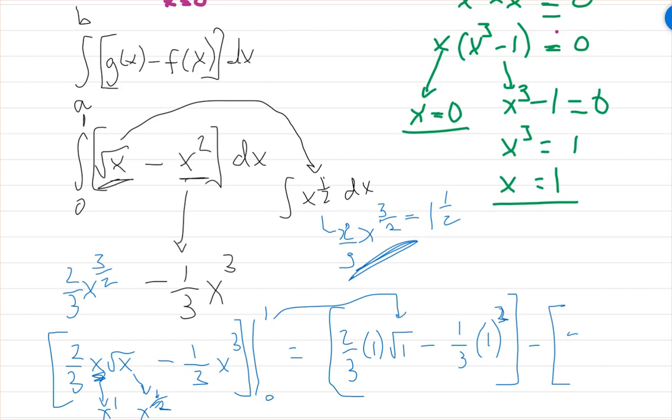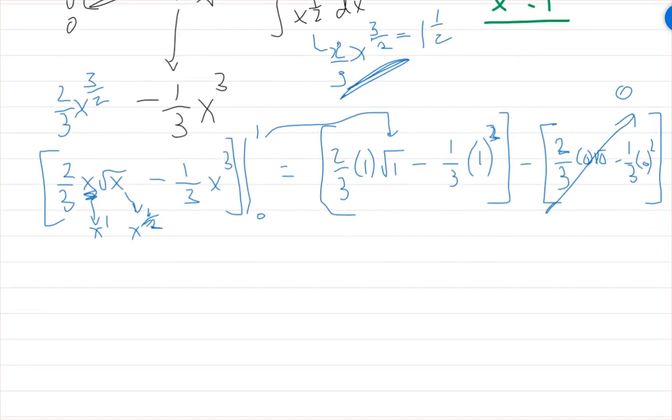We get 2/3 times 0 square root of 0 minus 1/3 times 0 squared. All of that's just going to be 0. So it doesn't have any effect whatsoever.